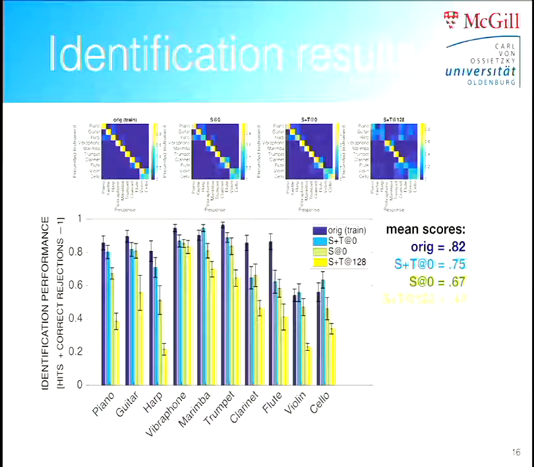If we go at the same position from stationary plus transient just to stationary, we have around 10 percentage points, less than that, of a difference, but much more if we go from the beginning to the middle portion. So that suggests that the transient components themselves are not that important. It's rather the onset information. So the structure of the stationary components in the onset is important for instrument identification.